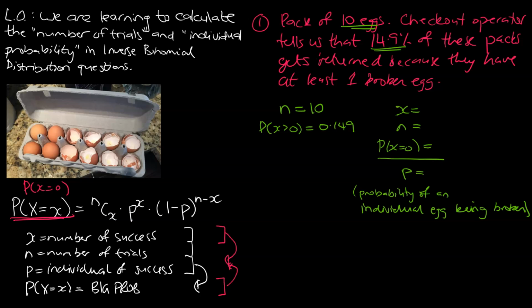So hopefully you've made that distinction between the big probability, the probability of the whole carton meeting a certain criteria, and the little probability, the individual egg being broken.